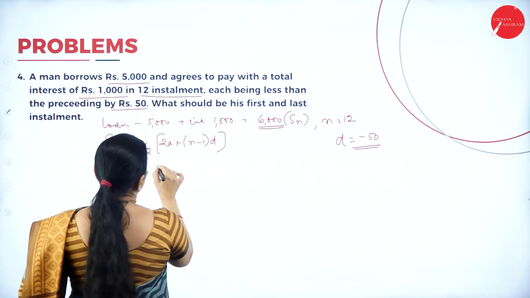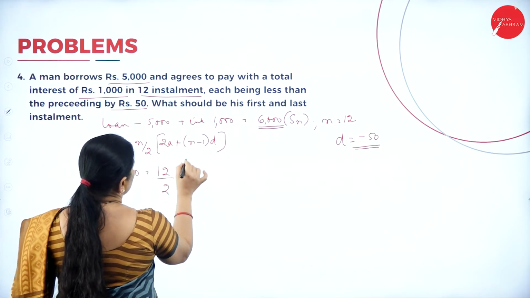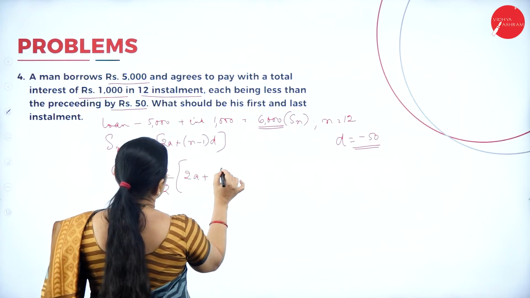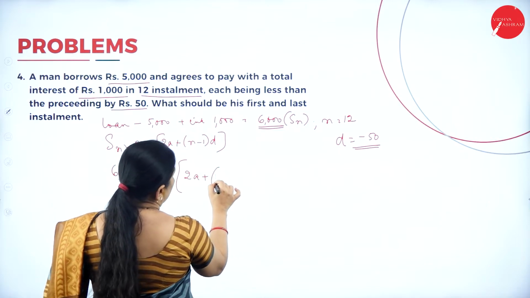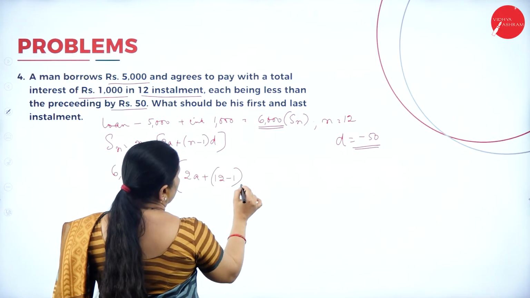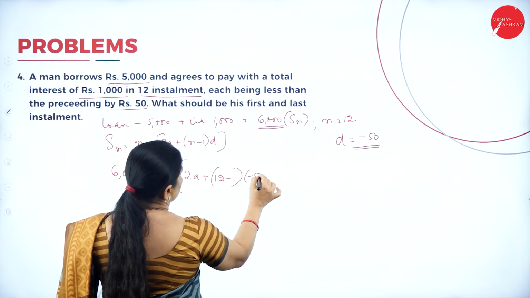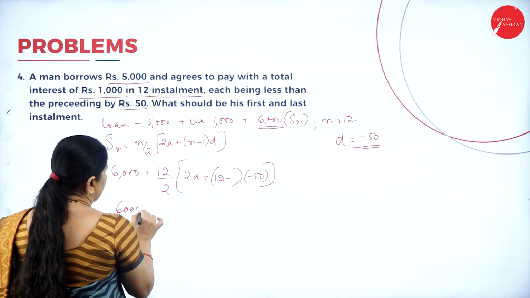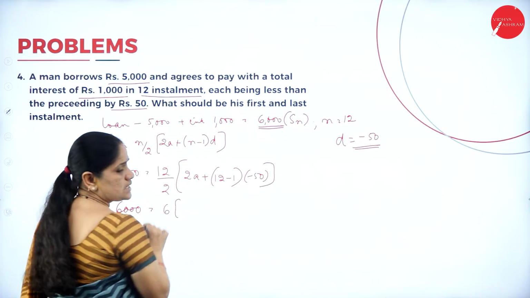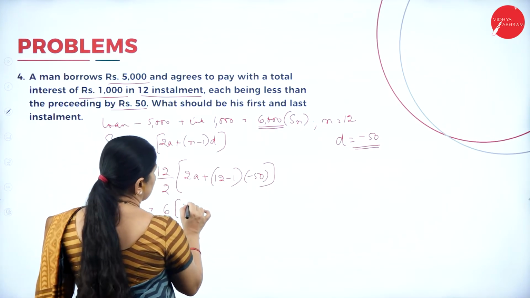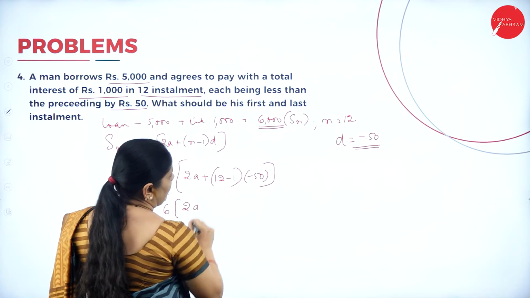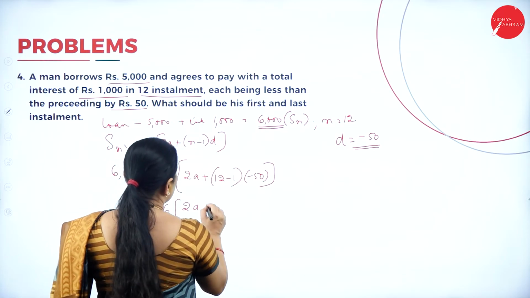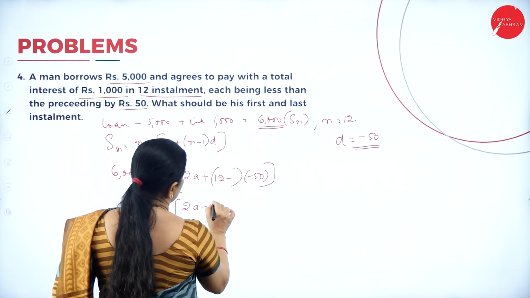N also I know it is 12 by 2 into 2a plus n minus 1, 12 minus 1 into minus 50. So when I simplify this, I get 6,000 equals 6 into 2a, 12 minus 1 is 11, 11 into minus 50, so minus 550.